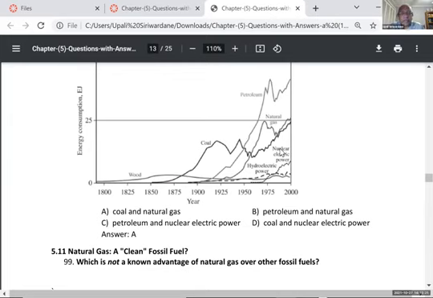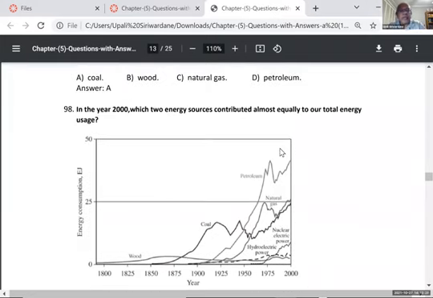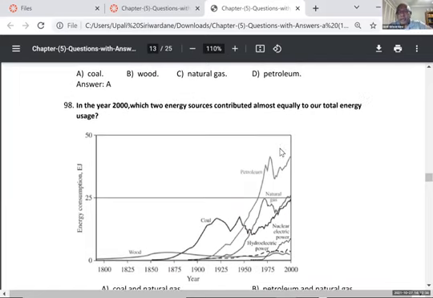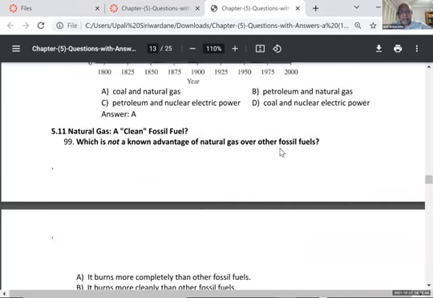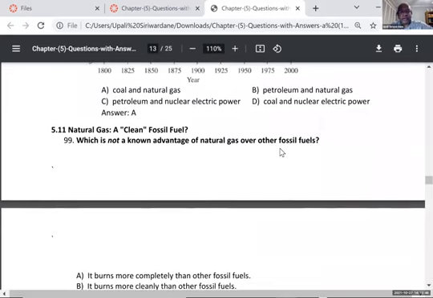What is the question? Which two energy sources contribute almost equally to our total? Equally is here. That's coal and natural gas right here. That is how you answer. You have to get the question.